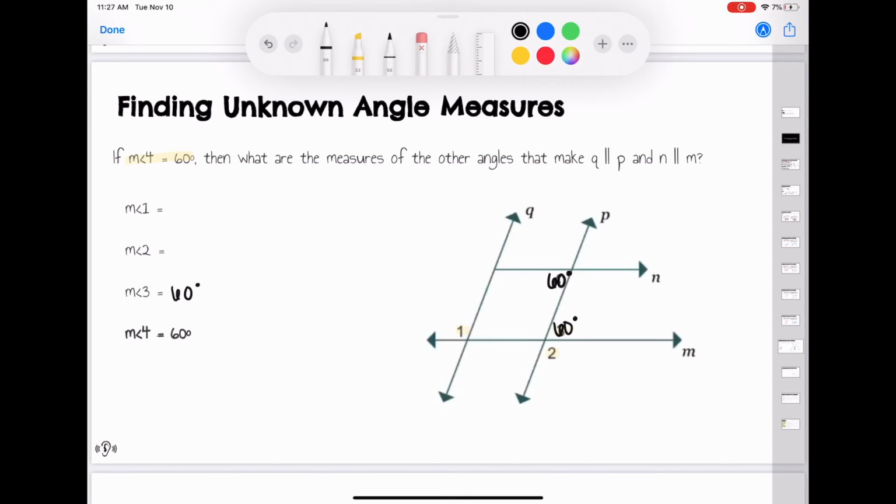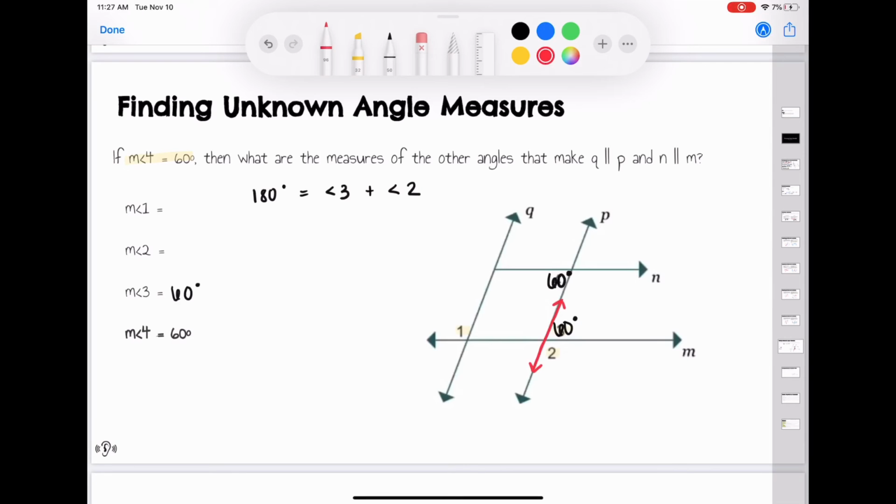Now, what about 1 and 2? Well, we know that 3 and 2 must equal 180, because they share this line.